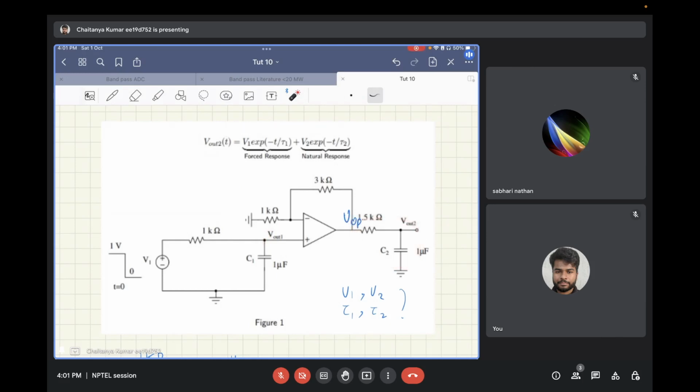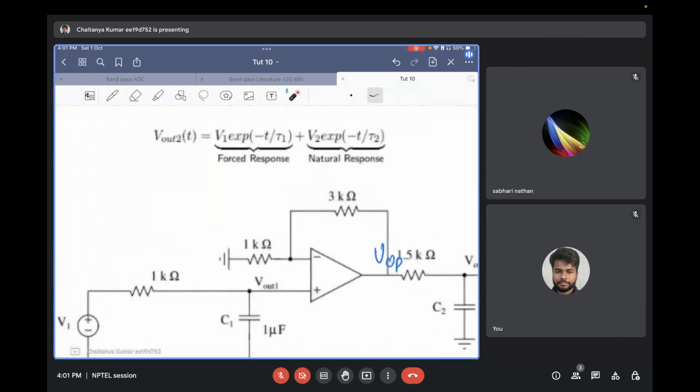It has been told that the input is 1 volt for t less than 0, and at t equal to 0 it switches with a step to 0 volts, and the output is of this form, that is v1 e to the power minus t by tau 1 plus v2 into e to the power minus t by tau 2.